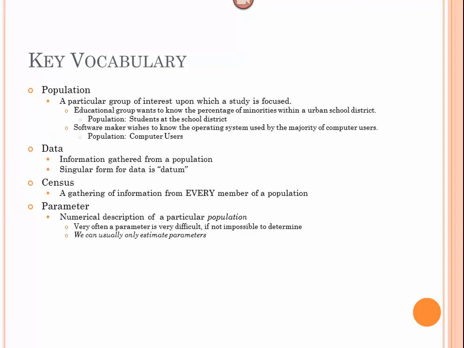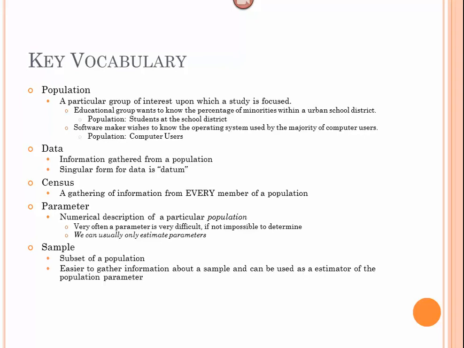And so instead, we usually aim to just estimate what a population parameter is. We estimate these with samples. When we calculate a number from a sample, that number is called a statistic. A sample, of course, is just a subset of that population that we feel is reflective of the overall population.